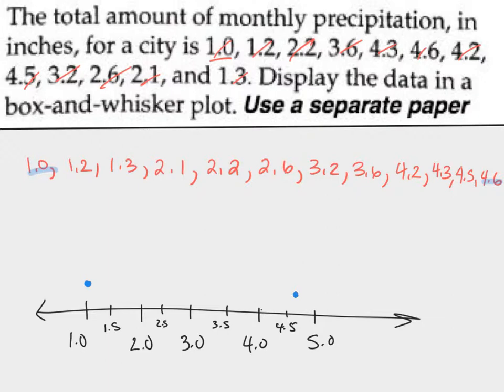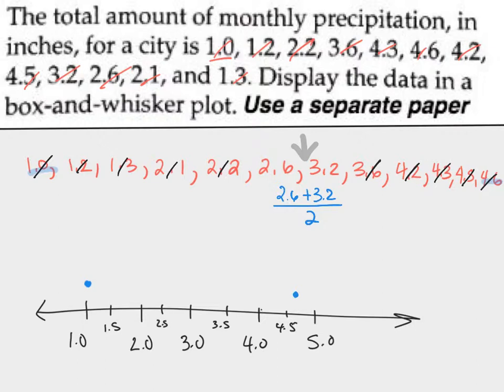Then in order to find the middle, you're finding the median of all of the data. So start from the outside and work in. 1, 2, 3, 4, and 5. So the middle is going to be between 2.6 and 3.2. Remember that when you're finding the middle of two numbers, you add them up and divide by 2.